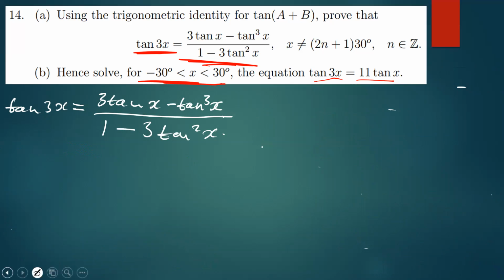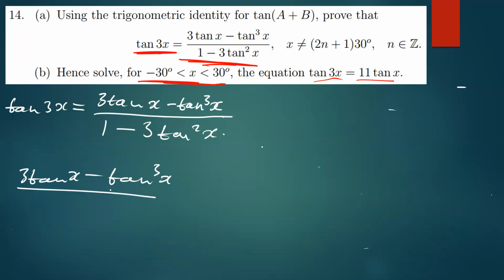So we say 3 tan x minus tan cubed x over 1 minus 3 tan squared x is equal to 11 tan x. When we equate it to 11 tan x, we can cross multiply here.